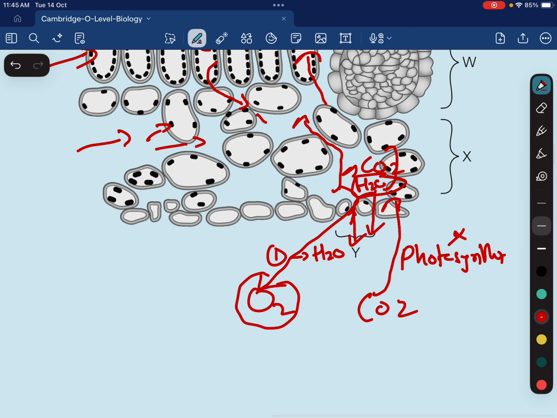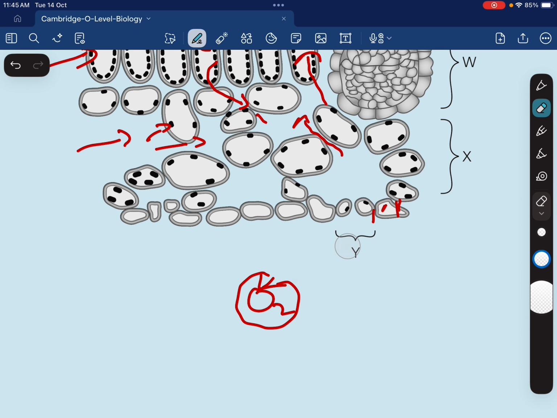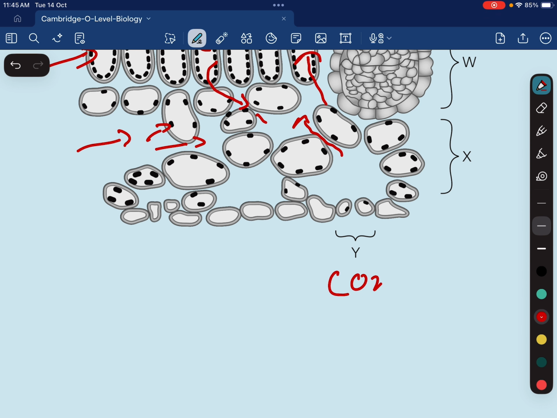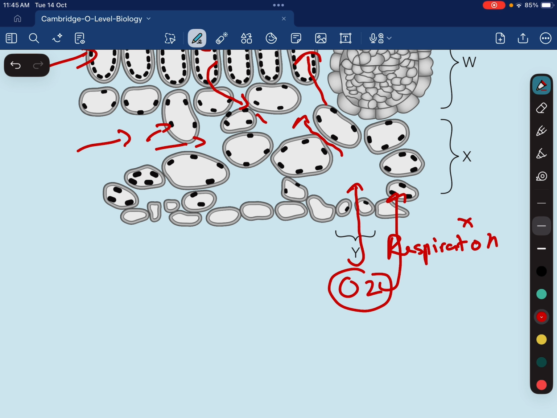It's not just that the carbon dioxide enters into the stomata. It's also the oxygen enters into the stomata as well, but for which purpose? For respiration. So if the oxygen is unable to enter into the cell, respiration doesn't occur either.